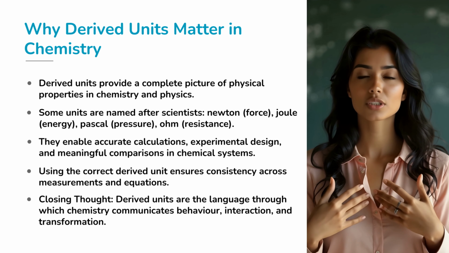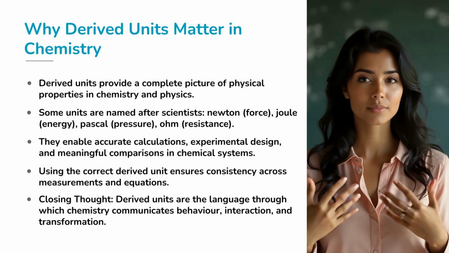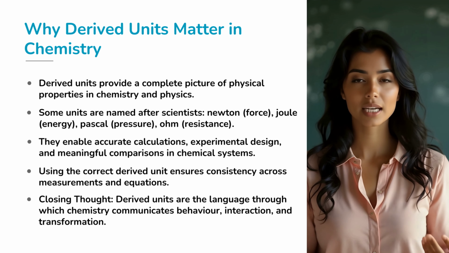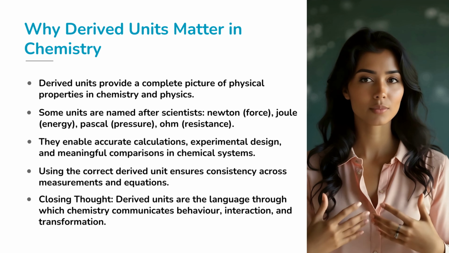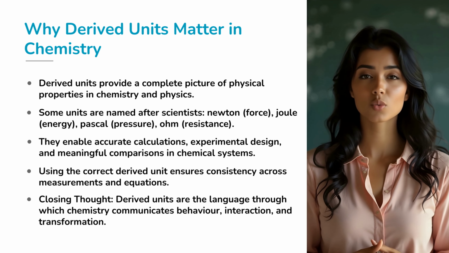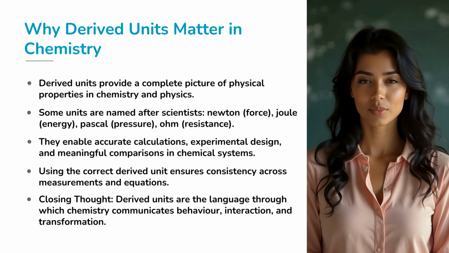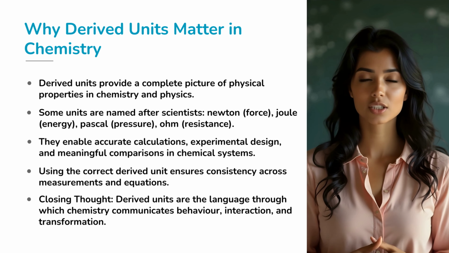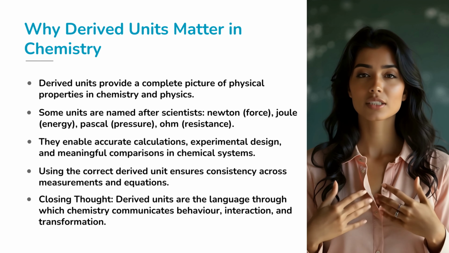So, why do we use derived units at all? Because they let us express complex physical and chemical relationships in simple, standardized terms. These units, whether it's Newton, Joule, Watt, or Pascal, are all built from the 7 fundamental SI units using logical combinations.